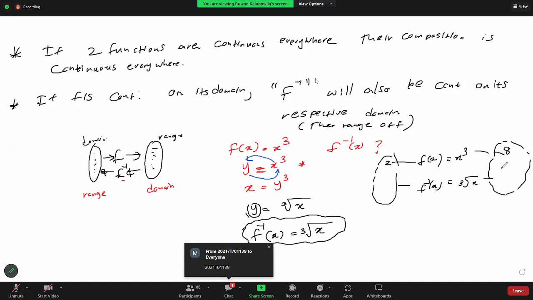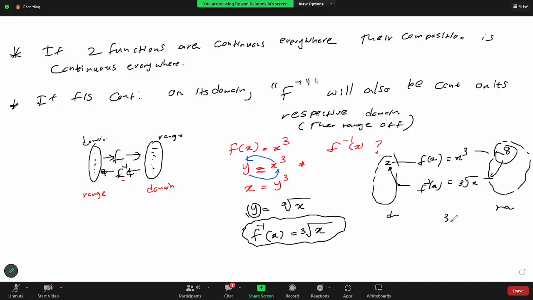Again, for the inverse function, the range is this one and the domain is there. If you input this value to the inverse function, it should give the same value we had inside f. So apply 8 here: the cube root of 8.